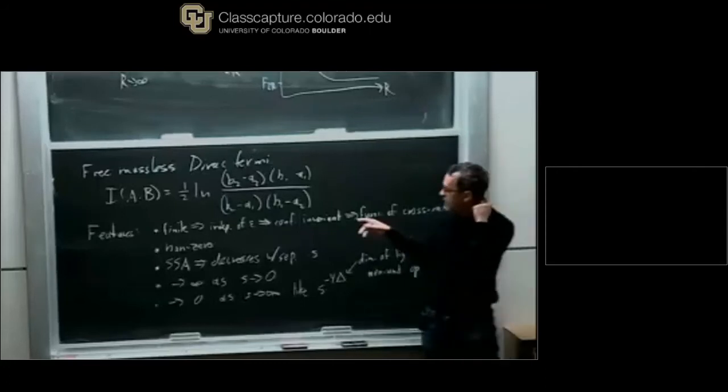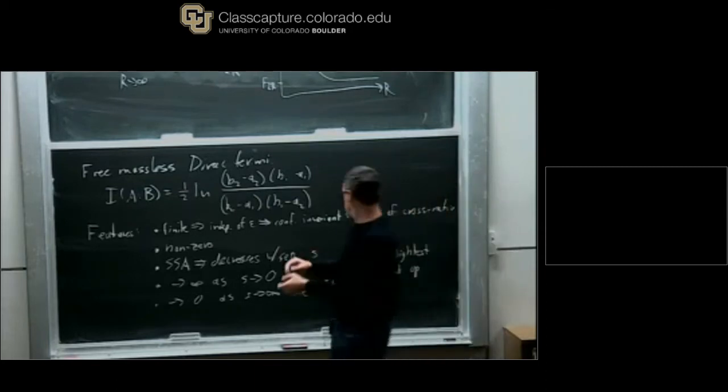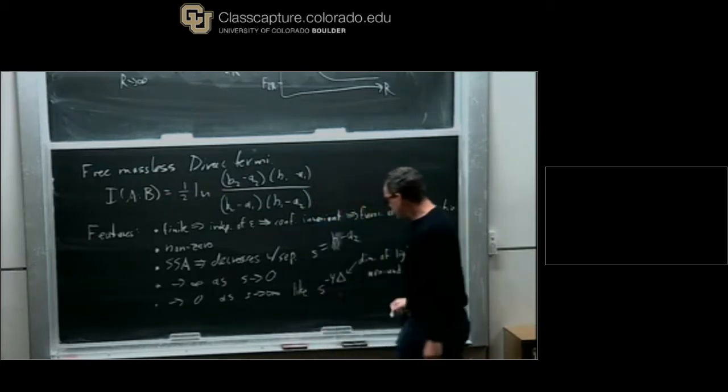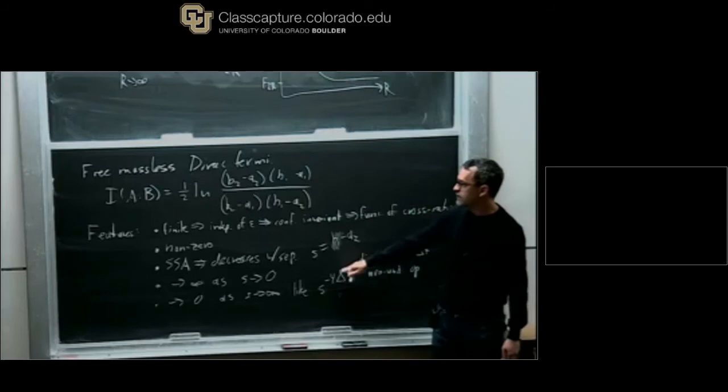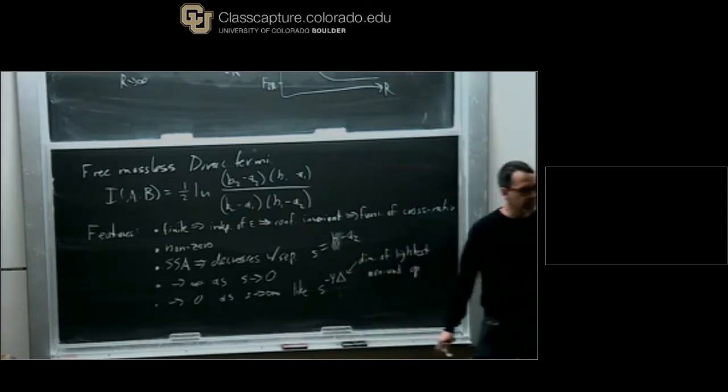If you expand this out, fix B2 minus B1 and A2 minus A1, and let S equal B1 minus A2, and then expand it out for large S, you will find that it goes like 1 over S squared.